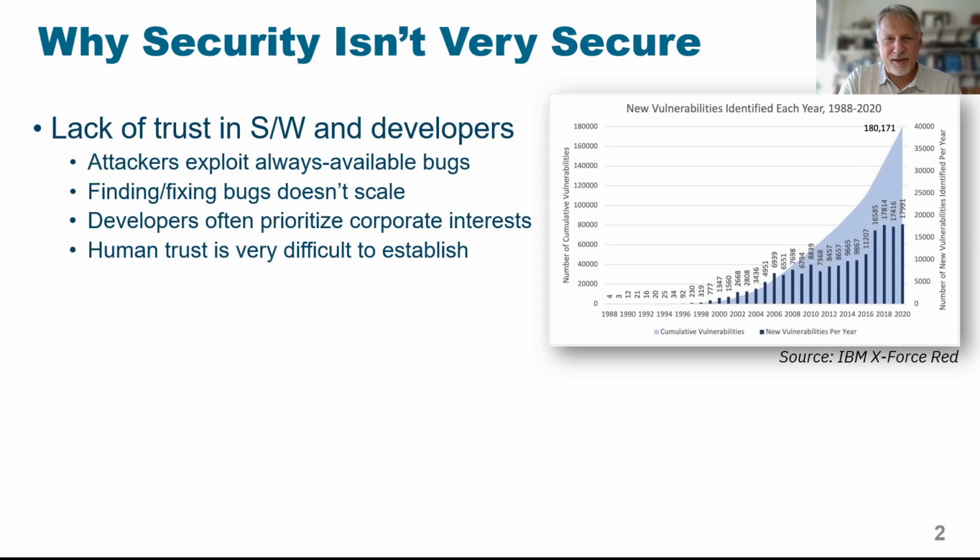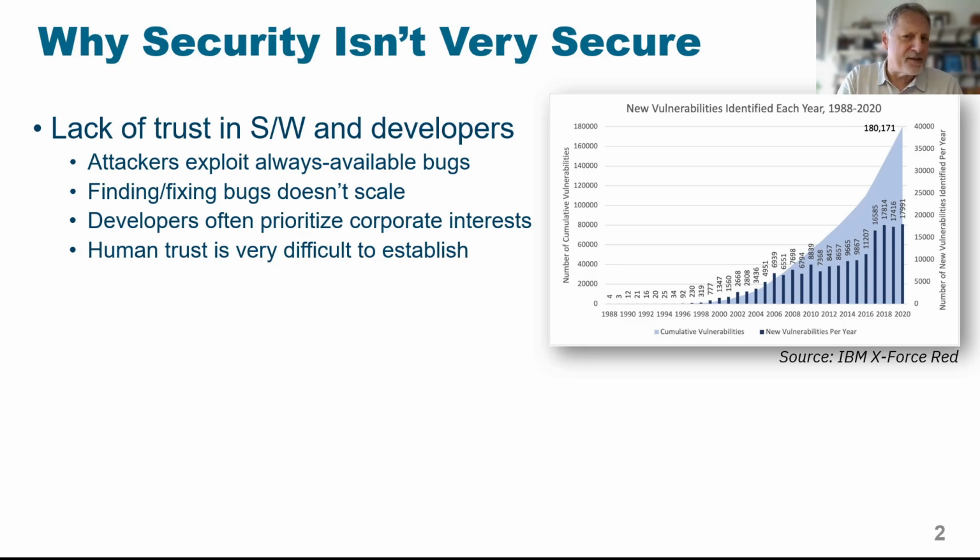First, you've got to solve the trust problem with software and the people that deal with software: developers, IT staff, etc. The problem with software is it's full of bugs, and many of those bugs can be turned into security exploits. And the infrastructure we have for finding and fixing those exploits isn't very effective. So pretty much all software contains bugs that attackers can potentially turn into security exploits.